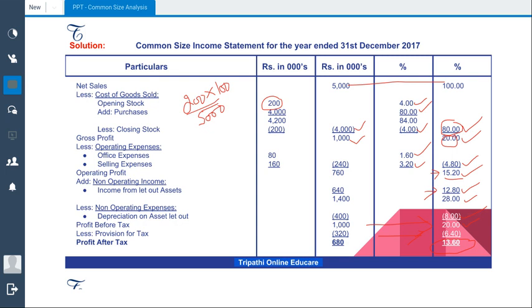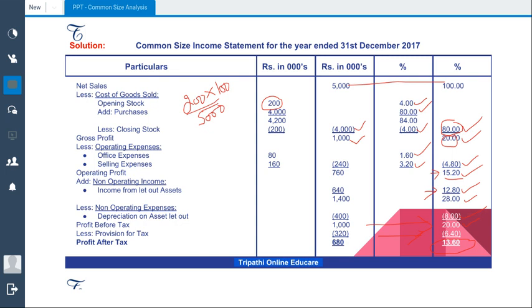Right? So finally, we can conclude that profit after tax is 13.60% of net sales. So what we can say, if you sell goods worth rupees 100, you will get a profit of rupees 13.60. This is what you can analyze.